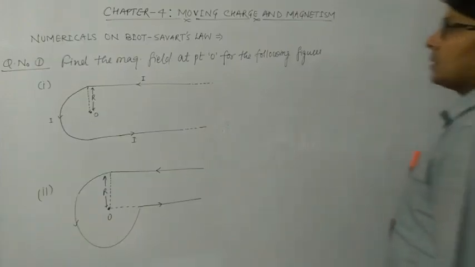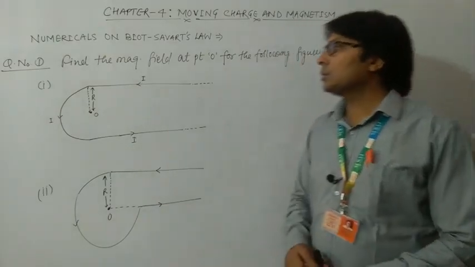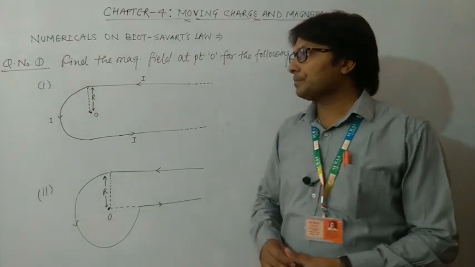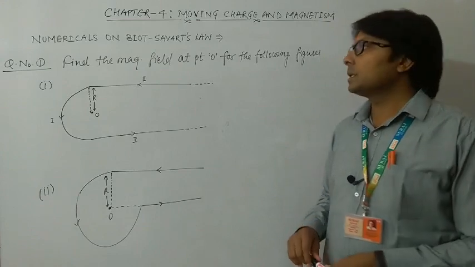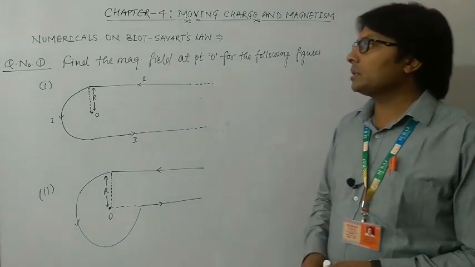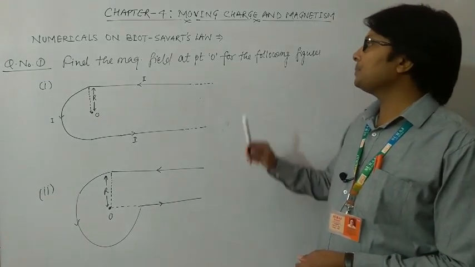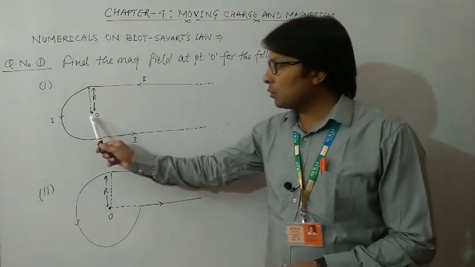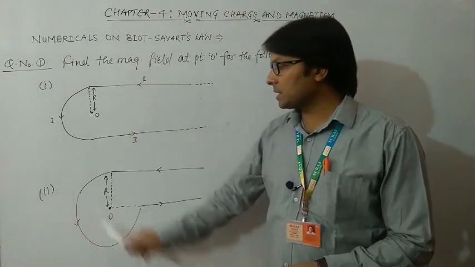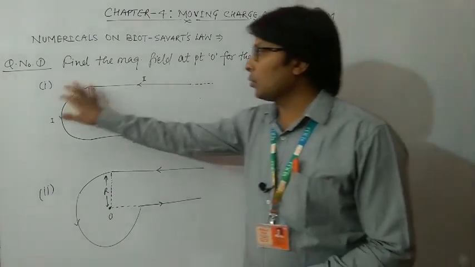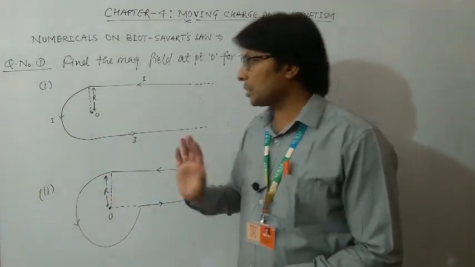Okay, so I have taken these two figures of current carrying loops, and we have to find the magnetic field at point O, which is the center of this almost circular loop.